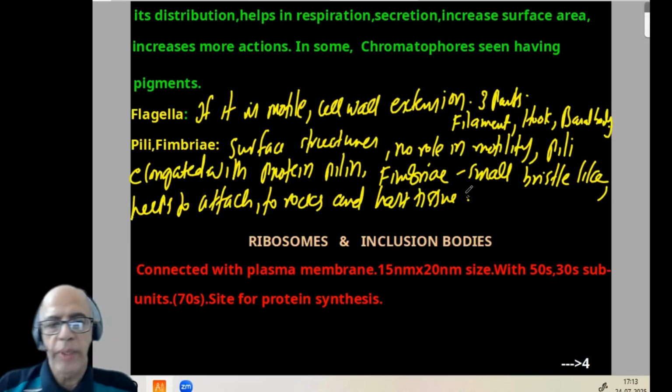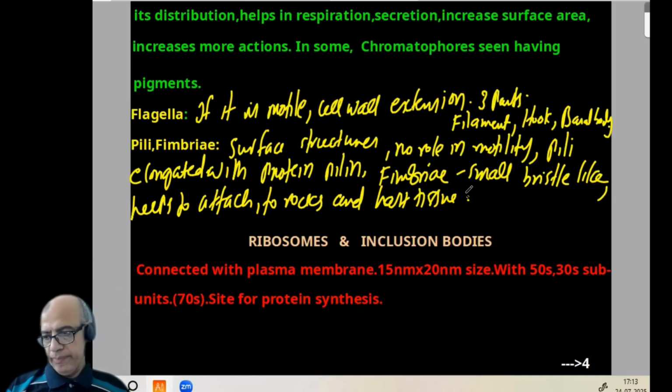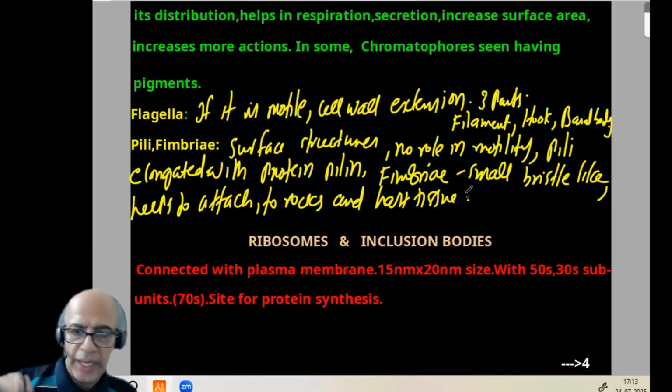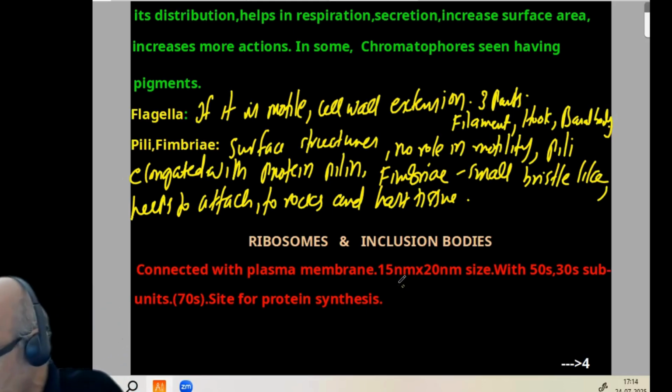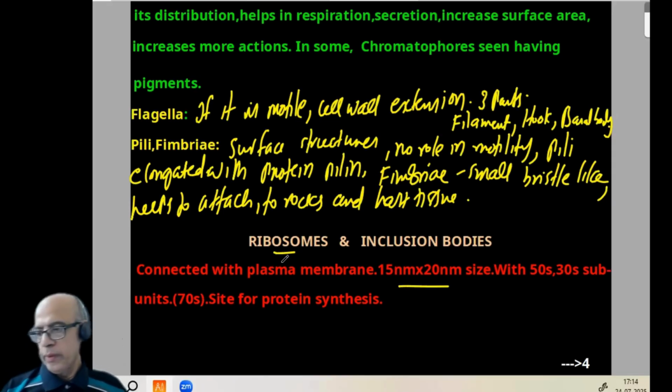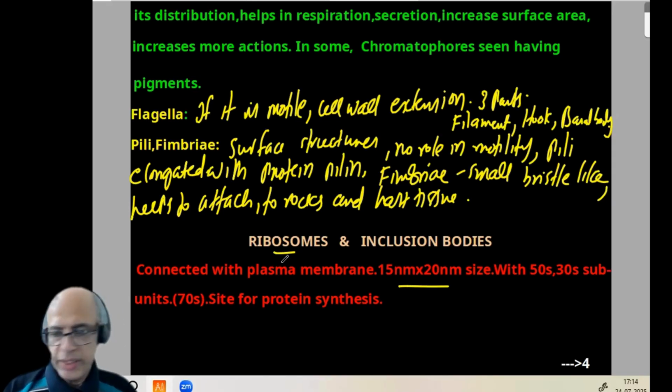Now comes ribosome and inclusion bodies. Ribosomes are connected with the plasma membrane. The size of the ribosome is 15 nanometer to 20 nanometer, with 50S and 30S subunits, so a total of 70S, the site for protein synthesis.